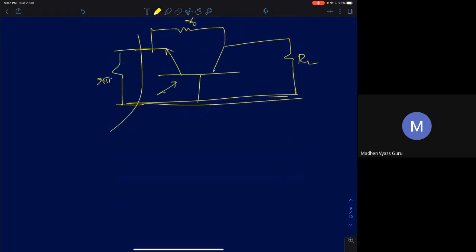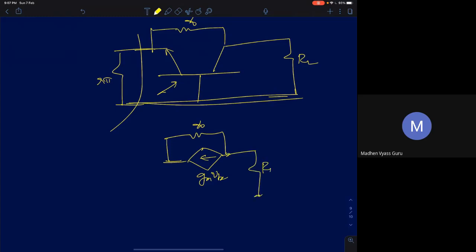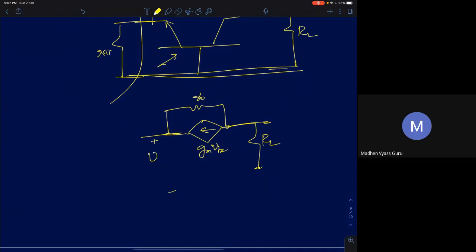You have a current GmVBE, and this is your R0, and you have the load resistance. I've ignored R pi now. Let's call this node VI. I need to find the input current, the ratio of VI by II.